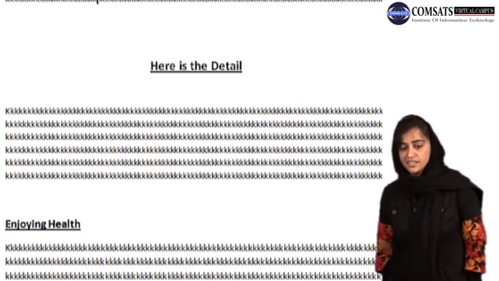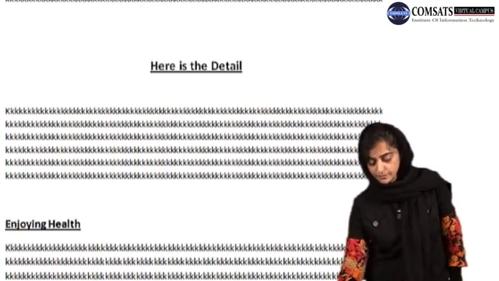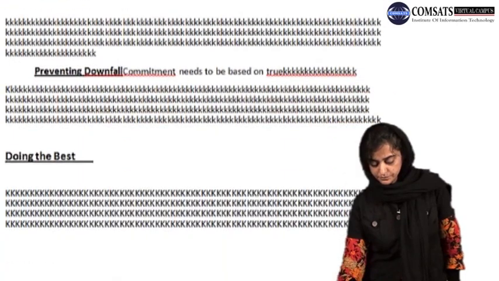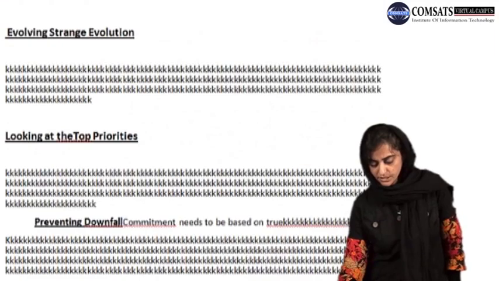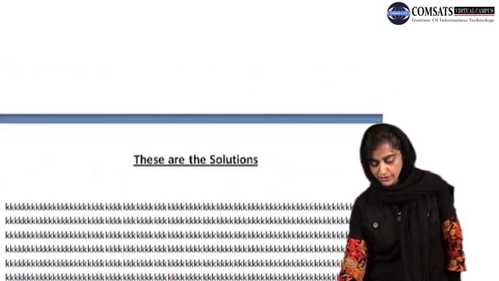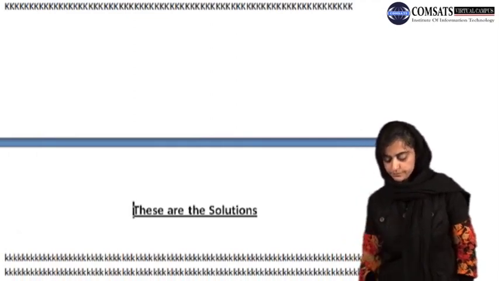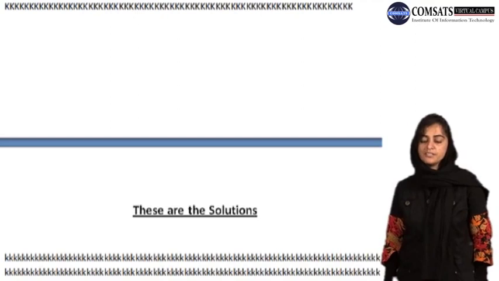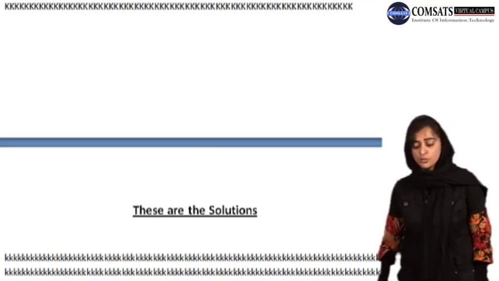Now let us see whether we are having any more 2nd degrees over here, and whether they are following the parallel format. Yes dear students, we are having one more 2nd degree. These are the solutions. It's a 2nd degree of heading being used, and why do I call it the 2nd degree? Because it is in the center of the page again, having the first letter of all the words capital.